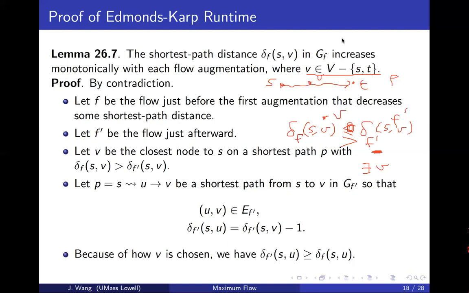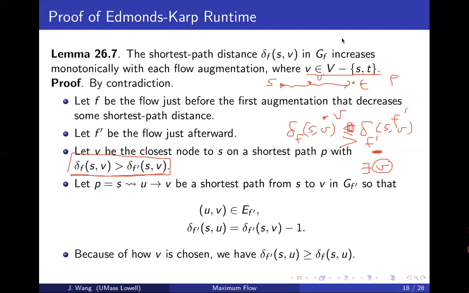Since there is such a V, we can always pick the V that is closest to S. So V is the closest node to S on the shortest path P with these conditions. This is by assuming that the lemma is not true.